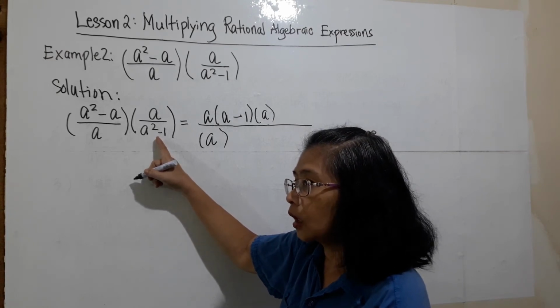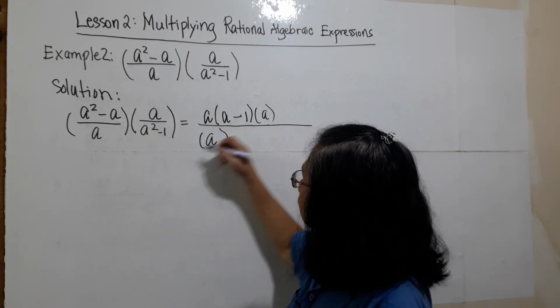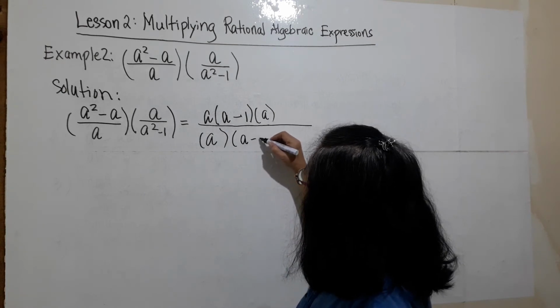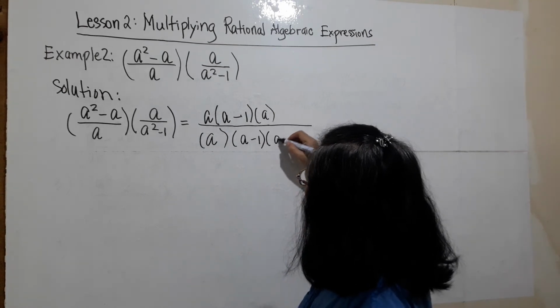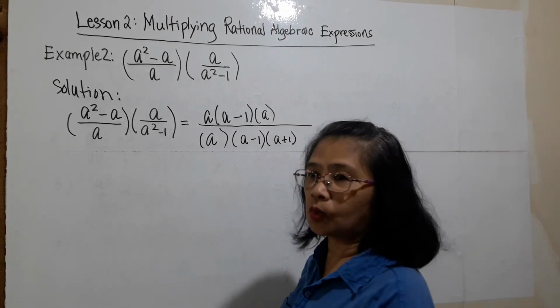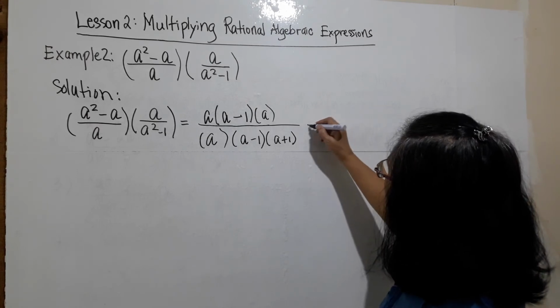So we are factoring the difference of 2 squares. So we have a minus 1 and a plus 1. These are the factors of a squared minus 1. So we can now do cancellation.